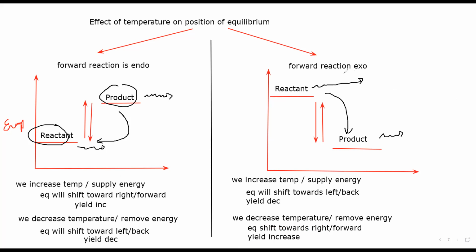But if a reversible reaction is exothermic, and we increase the temperature, it shifts towards the left, and if we decrease the temperature, it shifts the equilibrium towards the right hand side. Is it clear, this part, the effect of temperature on the position of equilibrium? Any doubt in this?